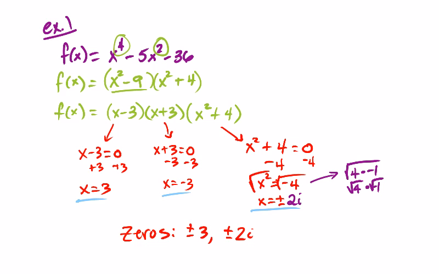Alright, let's look at another one where maybe you would have to factor a little bit differently. Let's go with this example. f of x equals x cubed plus 3x squared minus x minus 3.